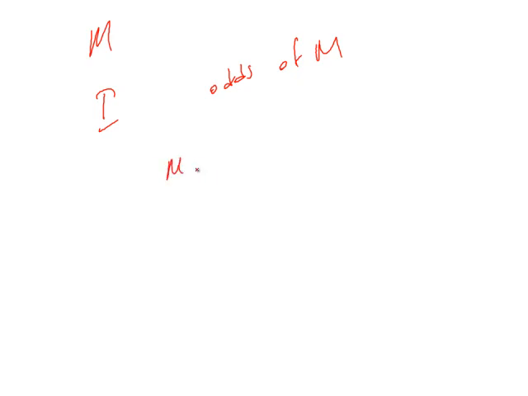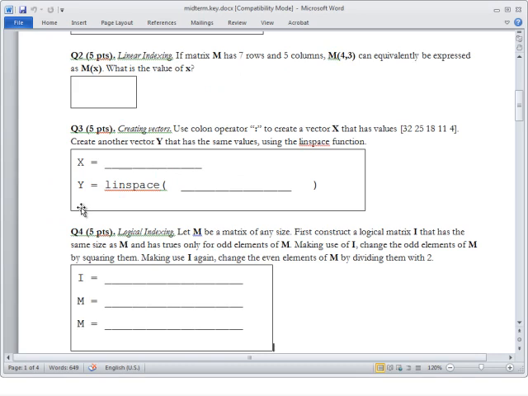I would have to divide it by 2. Mod M 2 equal 1. That would give me whether an element in M is odd. All right? So that's the first question.